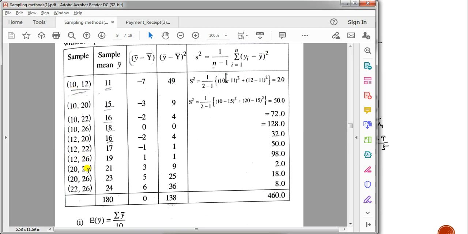Now sample mean, how to calculate sample mean? So this is my small y1 and this is my small y2, if the possible sample is this.